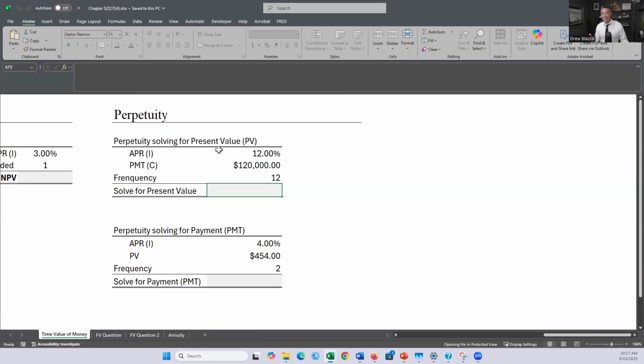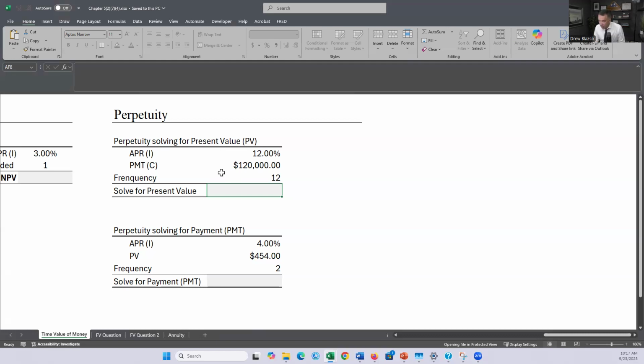Well, you could rearrange that same equation. If instead of the cash flow I want to find out how much money I have to have, the present value, I would just divide by the interest rate. It'd be the cash flow divided by the interest rate. That is how much money I need in order to get that cash flow at that interest rate.